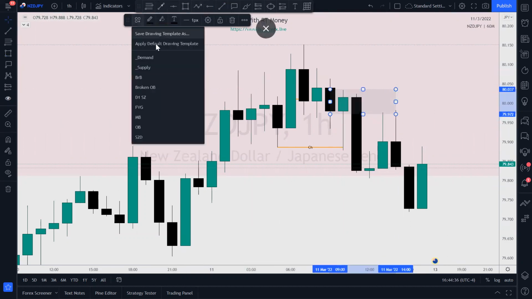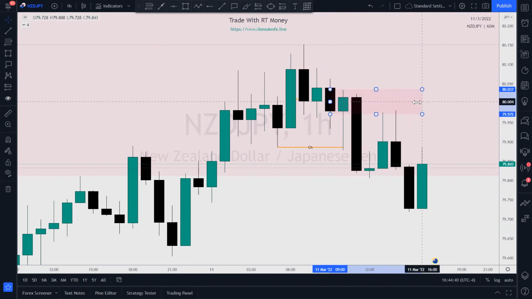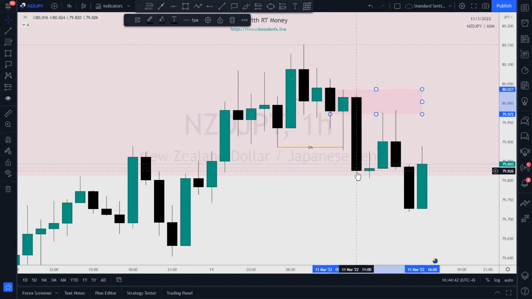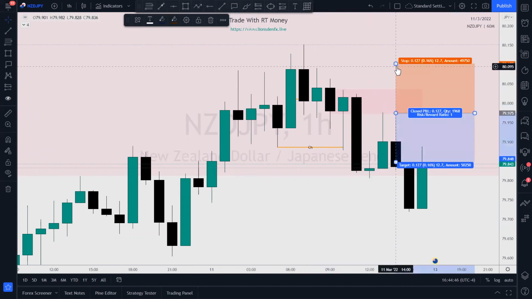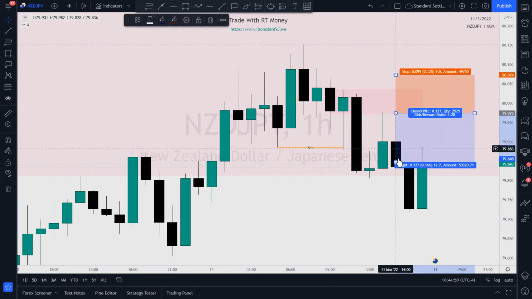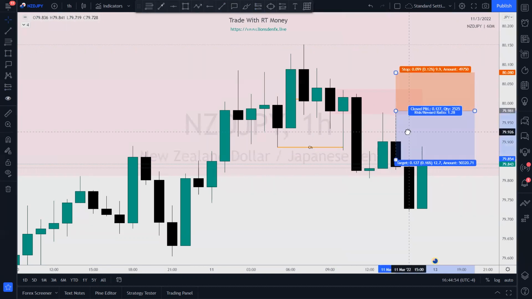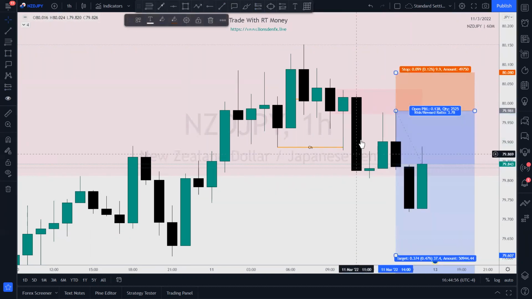That's where you can take an aggressive entry for a trade. Boom. Put your stop loss above the order block in which you enter, and you just take it on down. You wait for price to come back. That's all you've got to do.